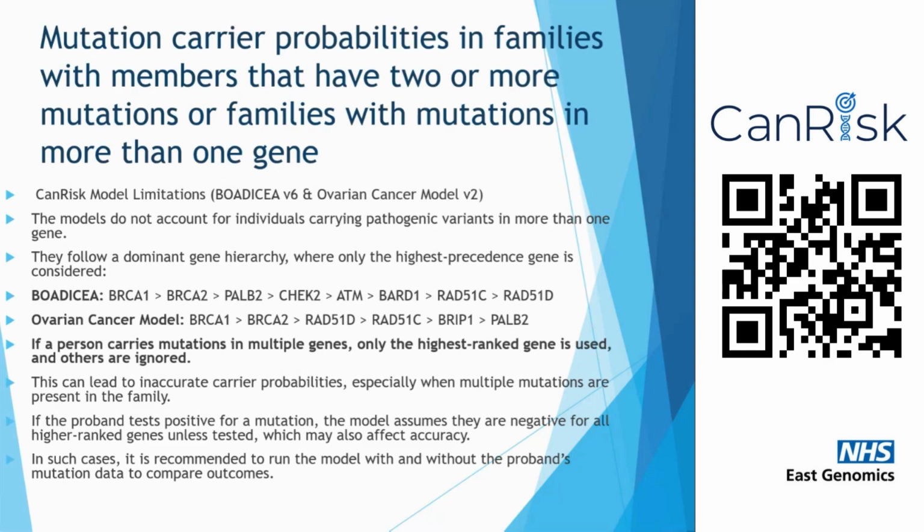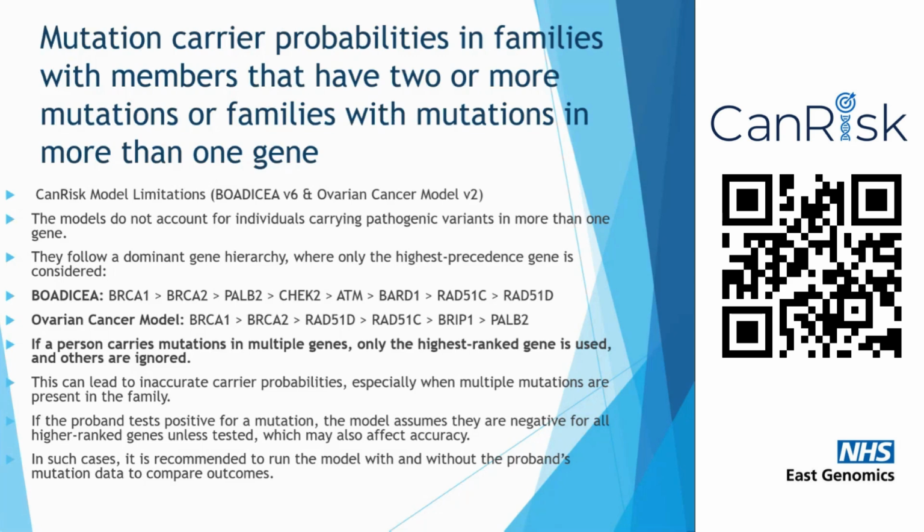In a family where you've picked up 2 variants, so you might have picked up, say, a BRCA1 variant and a CHEK2 variant, the model is such that it will just go with the higher risk variant. They'll deem the BRCA1 to be higher than the CHEK2 gene variant, and the model will therefore assume all the risks based on that BRCA1.